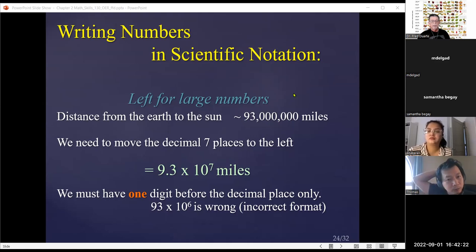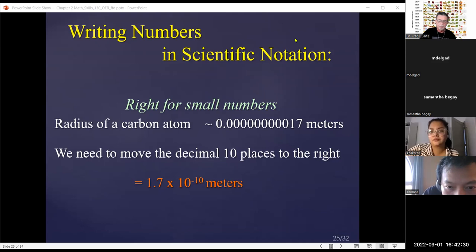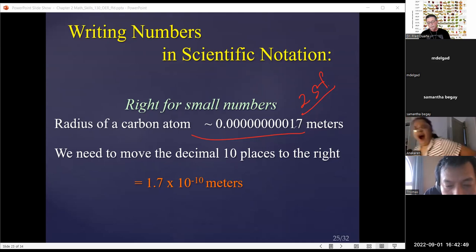All right, now with respect to very small numbers, notice this number here. You got 0.000, and so on and so forth, 17. That's 2 sig figs, and we're always going to keep track of sig figs. I can very quickly start at my decimal point.